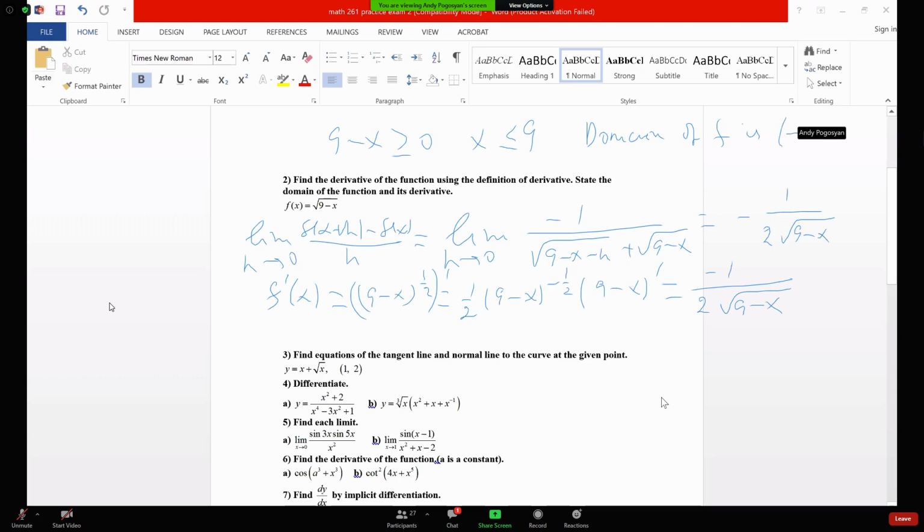So it's negative infinity up to 9. Domain of f derivative is, see, 9 we cannot have, so it's negative infinity up to 9, but open. So that's the little bit tricky part here.